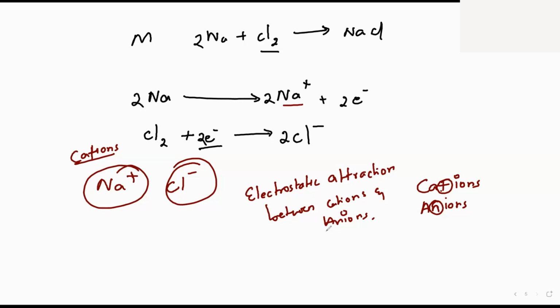We know that the charge attraction is very real, and there is a real force of attraction between charges. Even inside ionic compounds, where there are a lot of ions, there is an actual force of attraction existing. And this electrostatic attraction is what we refer to as ionic bonding.